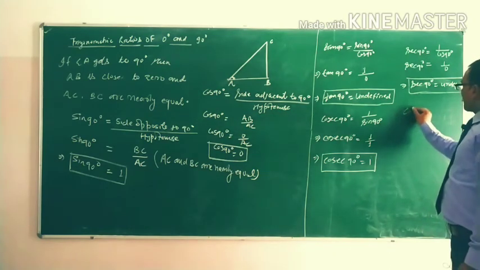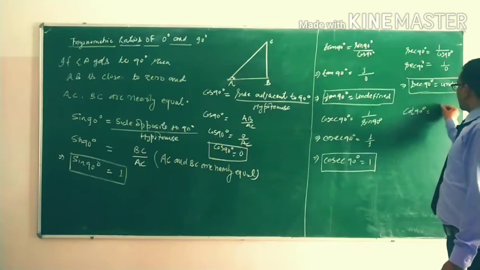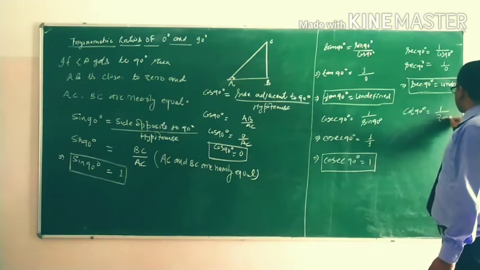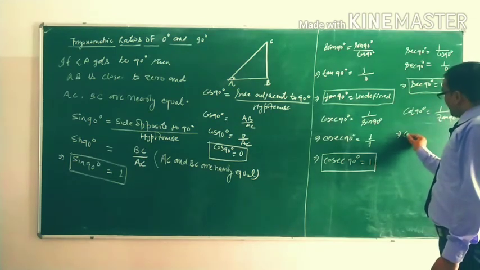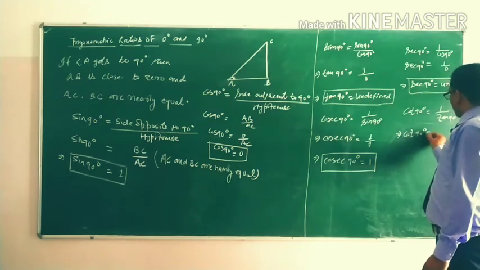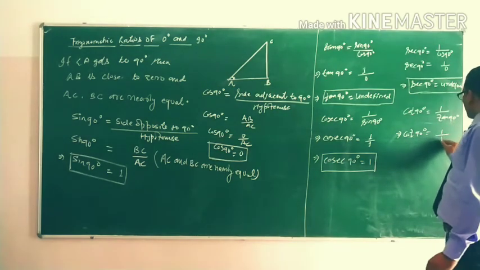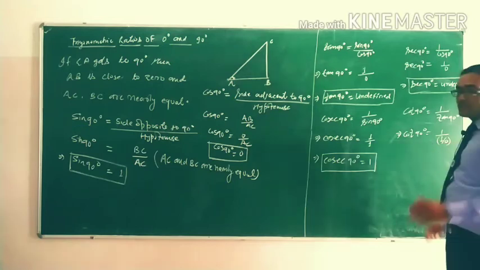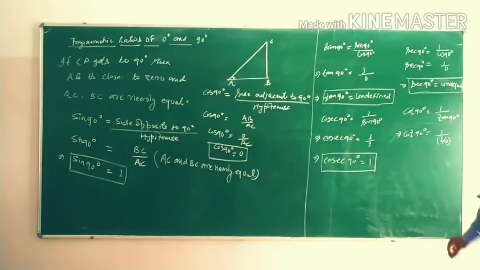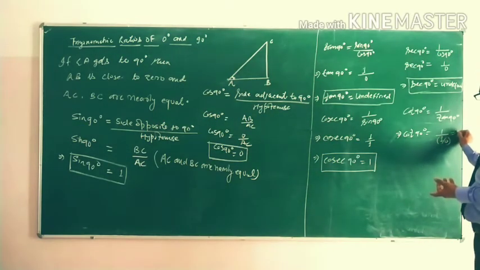And last is cot 90. Cot 90 is 1 upon tan 90. This implies that cot 90 is equal to, that means 1 upon 0, we understand roughly, that this gives the value 0.